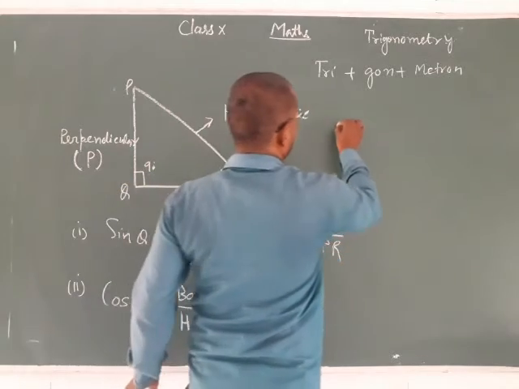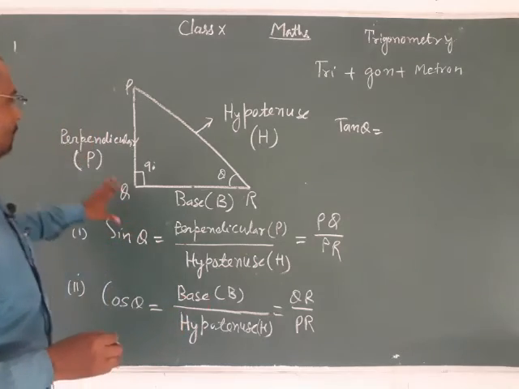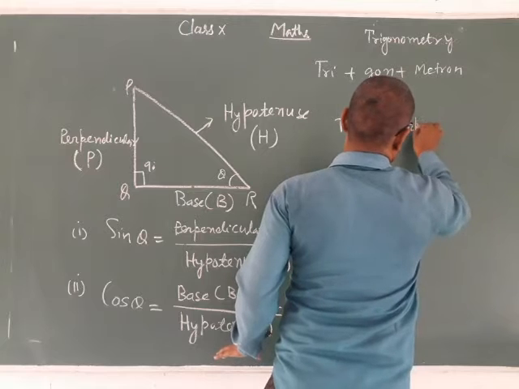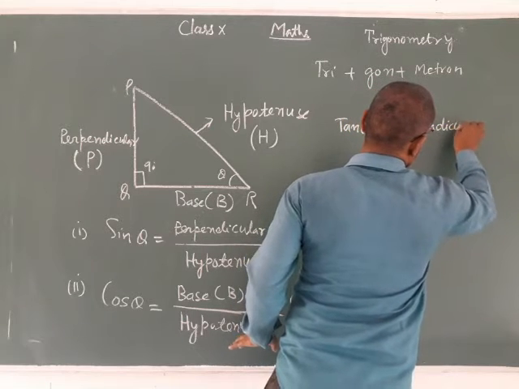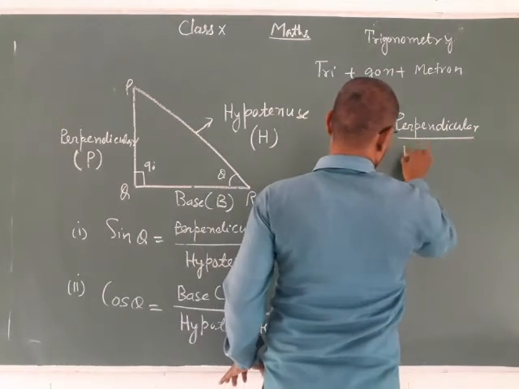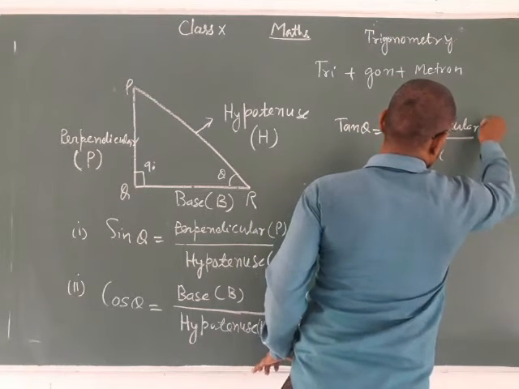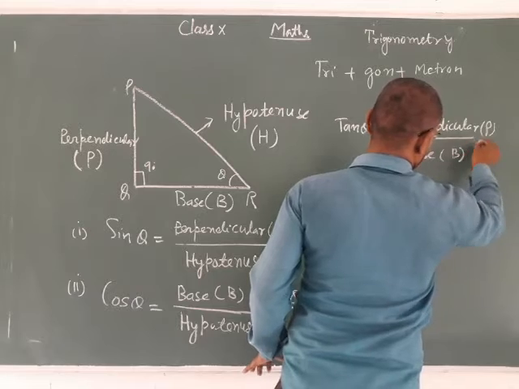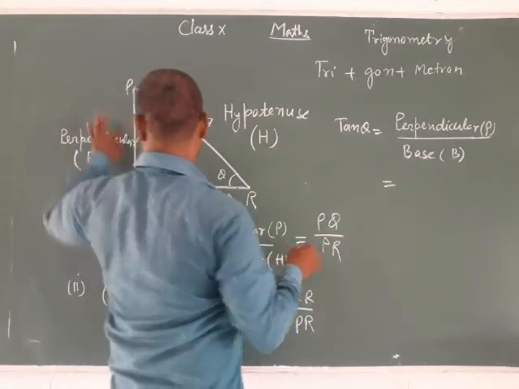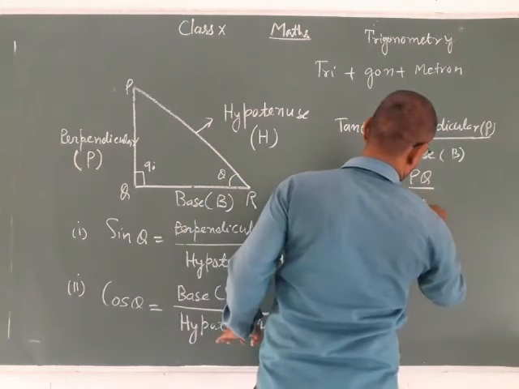And tan theta is equal to perpendicular upon base, P upon B, or PQ upon QR.